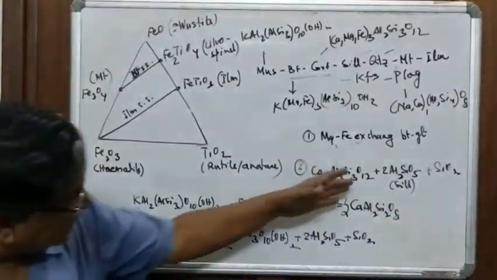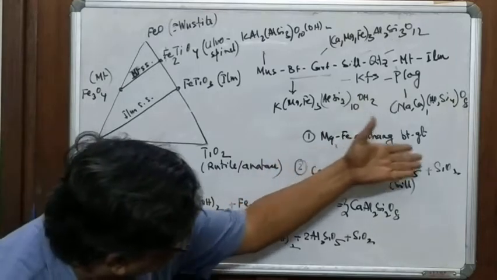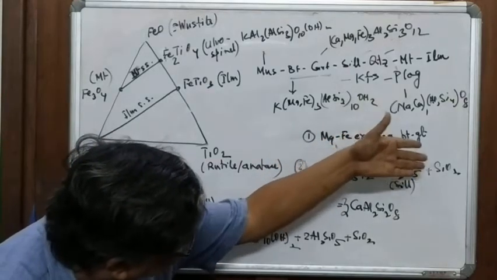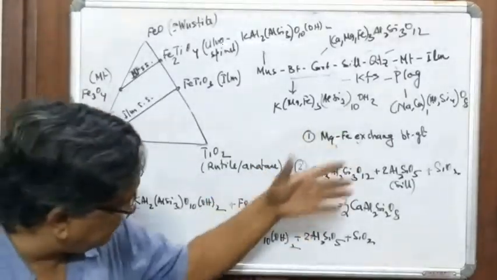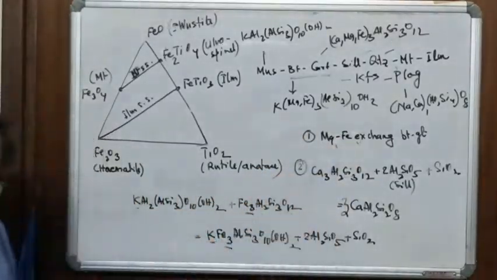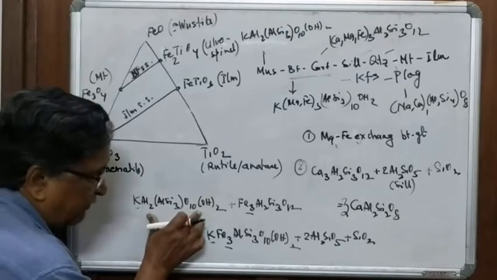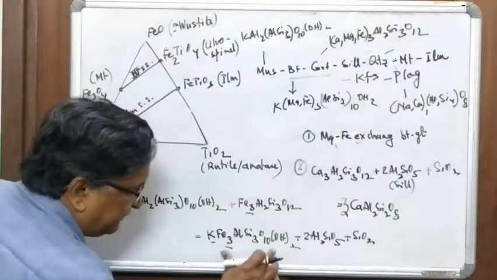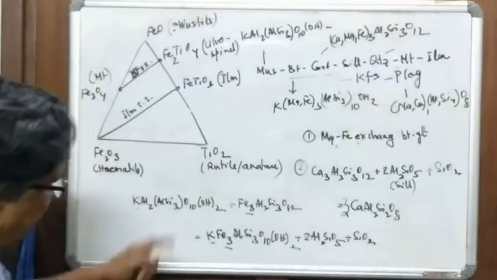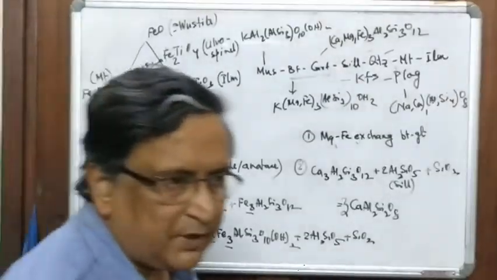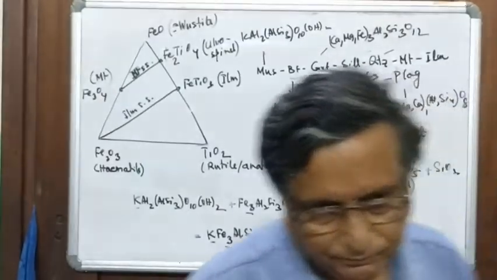So here, for example, you are using the grossular component along with sillimanite and quartz to produce anorthite component as a barometer. Here, you take muscovite plus garnet, which gives you biotite plus aluminosilicate plus H2O, and you can use both the iron and the magnesium end members of the reactions.